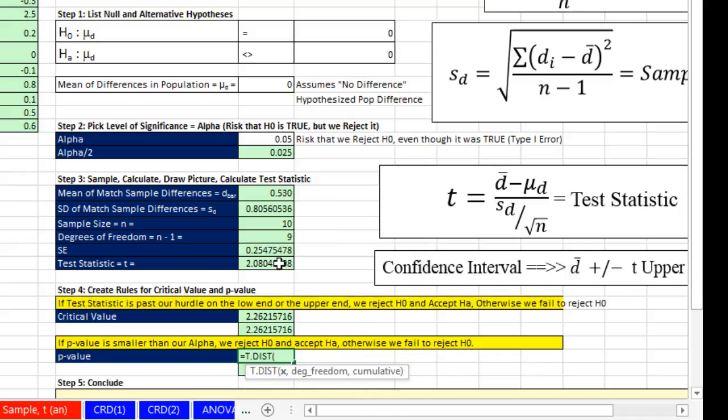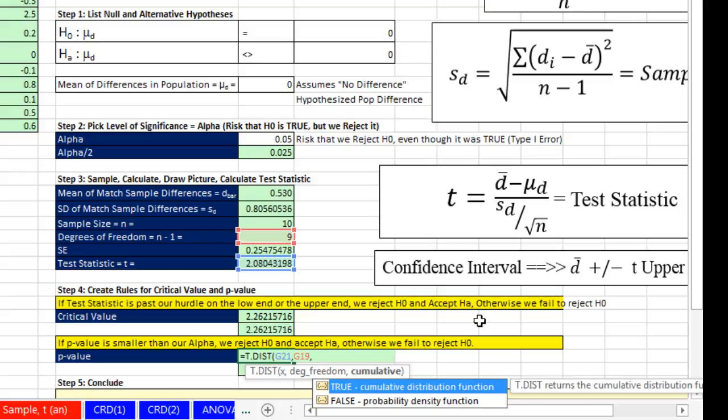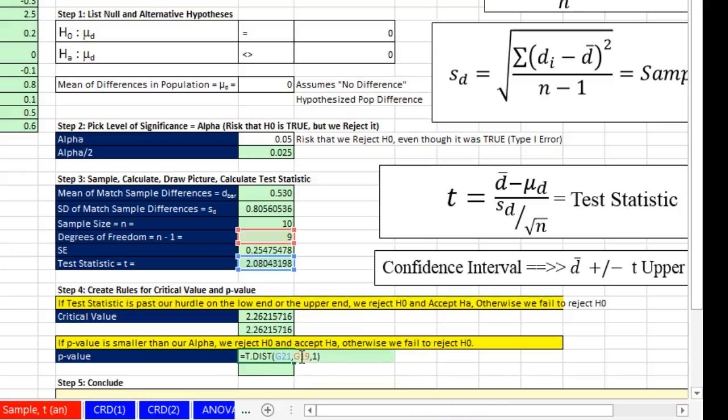We want to give it this value right here. Remember, these functions always go from negative infinity up to that particular x, comma, the degrees of freedom is 9, and comma, cumulative. We want it to go from negative infinity up to our test statistic, so I put a 1 for true.